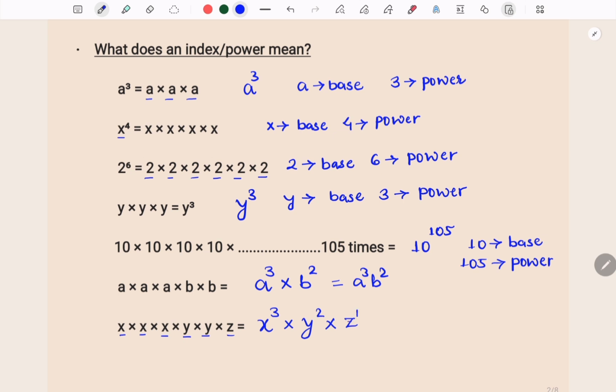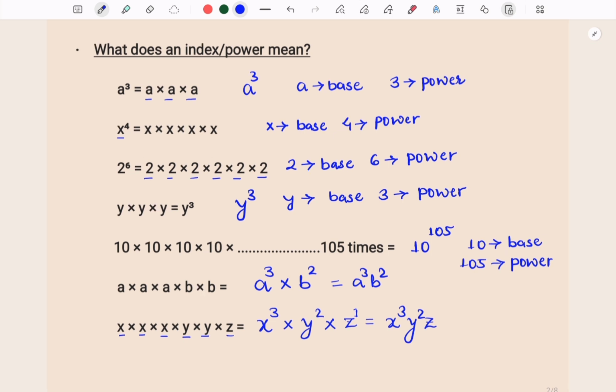Why? Because we have only one z present in the expression. So we have x cube, y square, and z. The power 1 need not be written explicitly. Whenever we have a number and the power is not mentioned, we assume that the power will be 1.